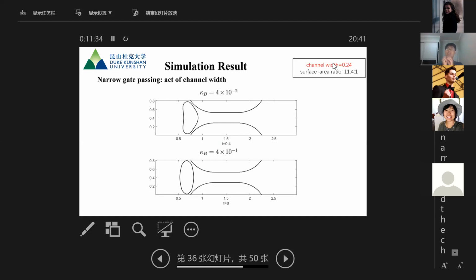But it seems that there is a narrow limit, at least for the experiment in the glass. They found that in such a case, the cell cannot pass through this narrow region by some large deformation. So the clot can be induced by some abnormal narrow region of the blood vessel, and also by some inflammations.